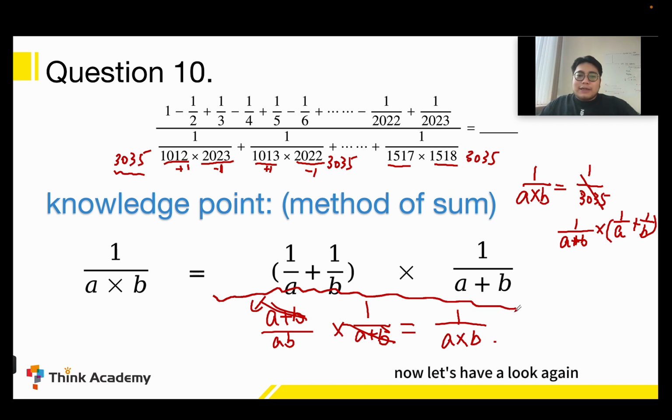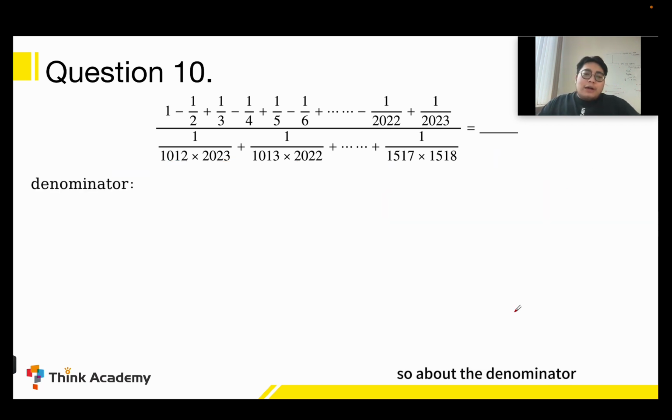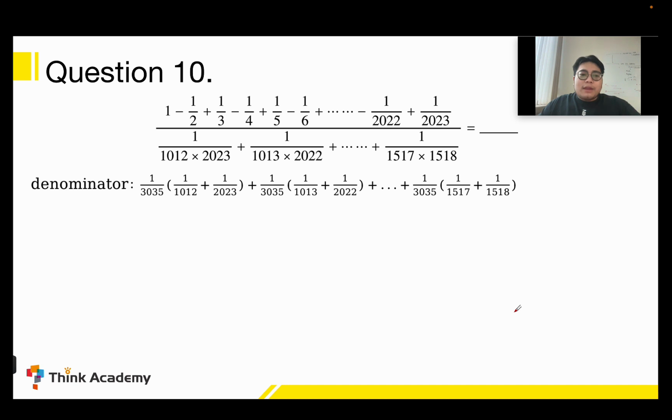Now let's have a look again. About the denominator, I can take all the 1 over 3035 out, and it will become 1 over 1012 plus 1 over 2023, plus 1 over 1013 plus 1 over 2022, and so on, plus 1 over 1517 plus 1 over 1518.